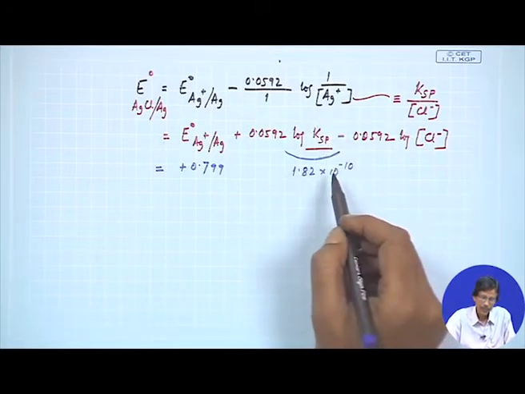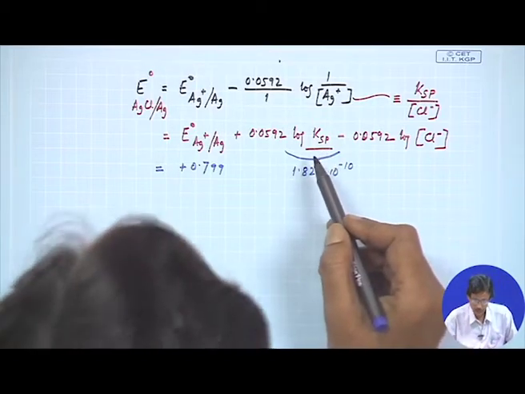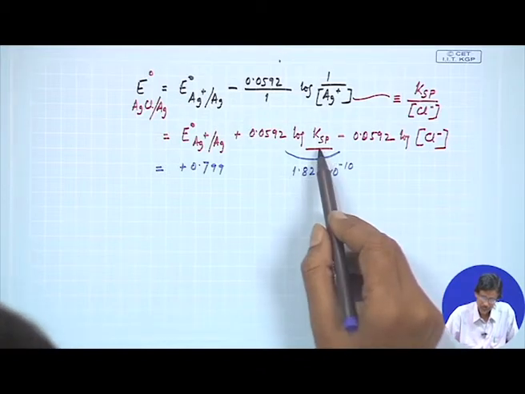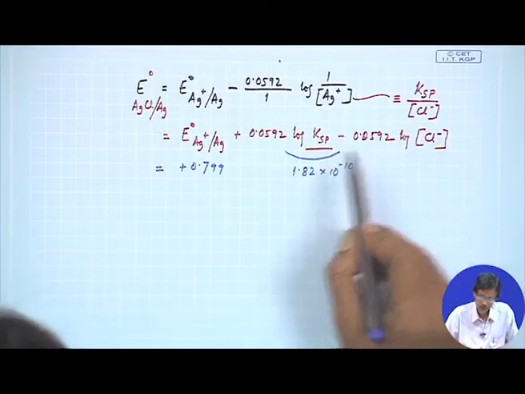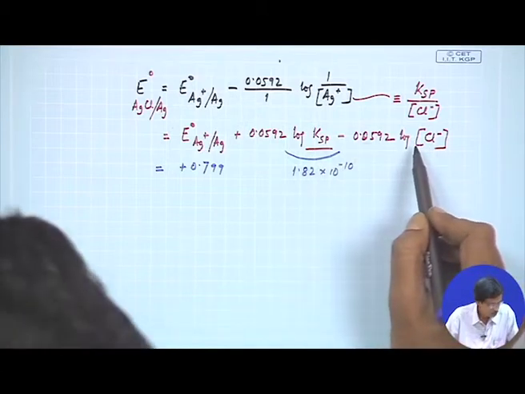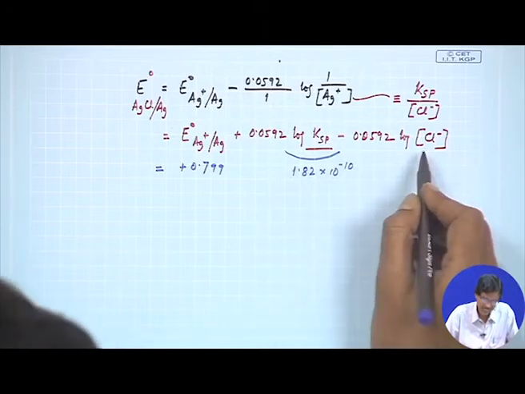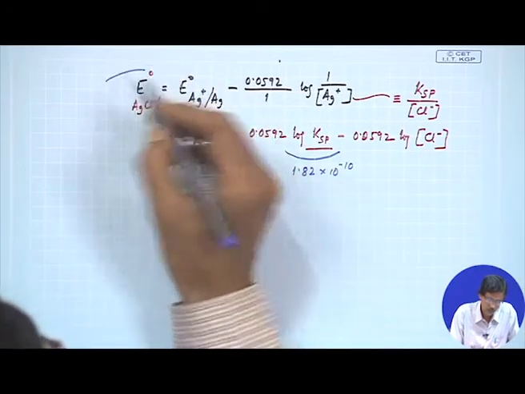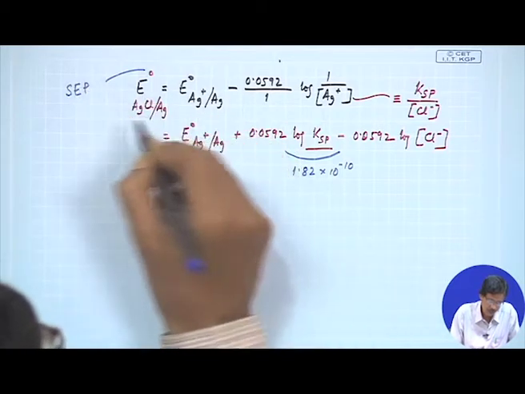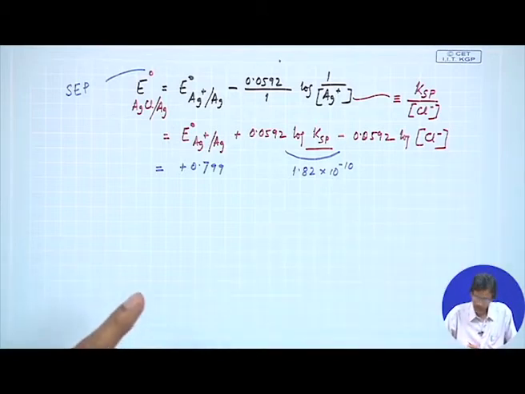And we all know that all these sparingly soluble salts, when they are undergoing some electron transfer reaction, we get this as an interconnecting thing for your Ksp value and the chloride concentration. So, this particular one will give you the corresponding chloride ion concentration, but on standard condition, because we are looking for the standard electrode potential for your silver chloride silver situation. So, what should be the corresponding chloride ion concentration?